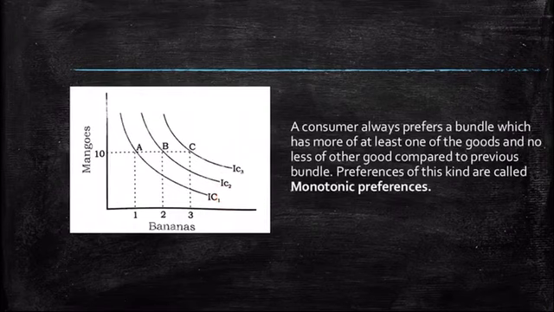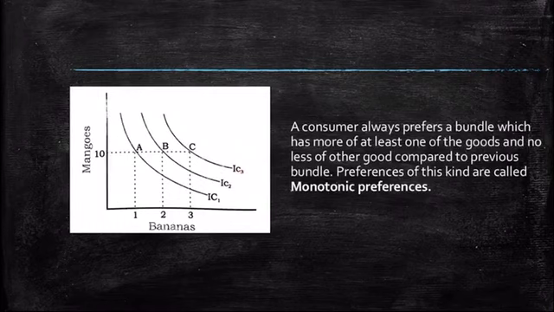In the same way, the consumer moved from B to C. The mangoes quantity never changed, but he gained 1 more extra unit of bananas, which means more of the bananas, more of the satisfaction. So it makes the consumer shift from the lower indifference curve IC2 to the higher indifference curve IC3.